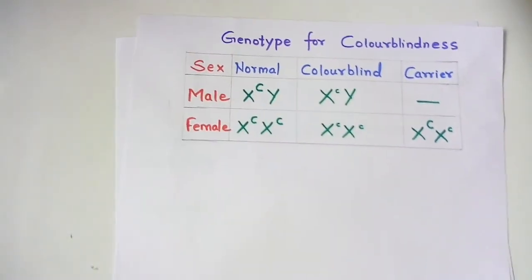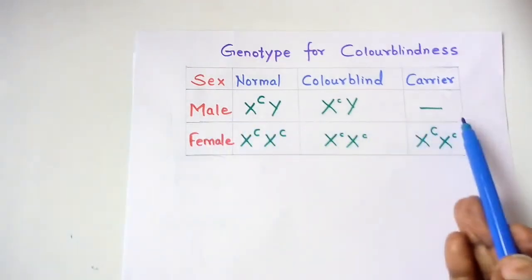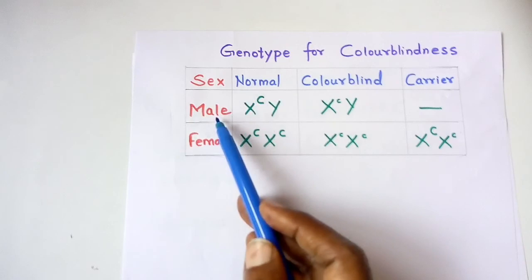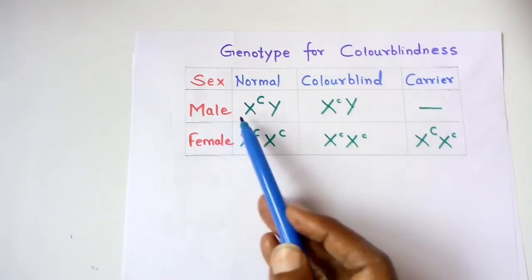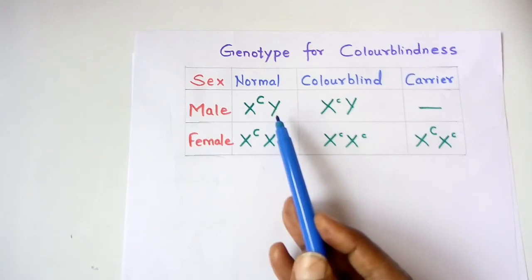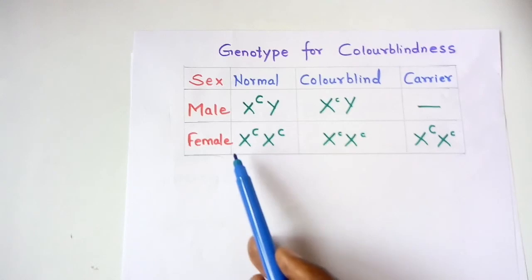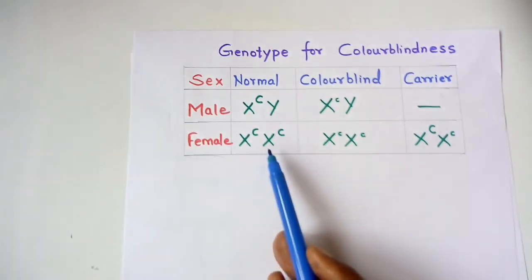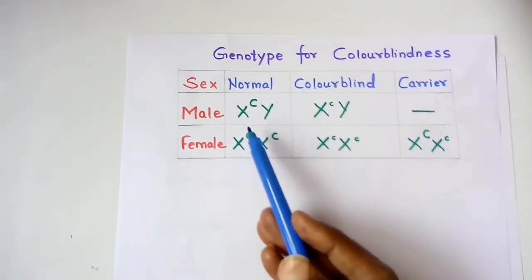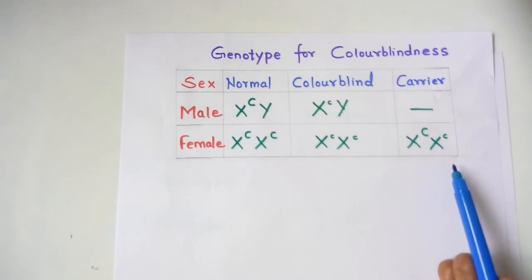Now this is the genotype chart for color blindness. This is for male and this is for female. Generally males have different chromosomes, that is one X and one Y chromosome, whereas females carry same chromosomes, that is both are X chromosomes. As this is an X-linked gene, the genes will be present on the X chromosome only.